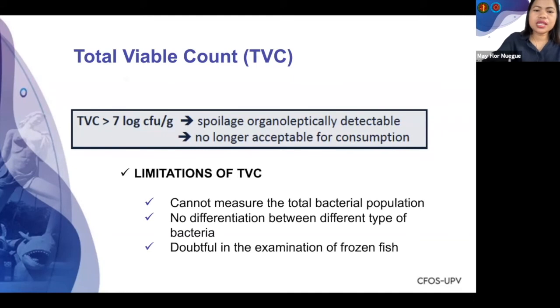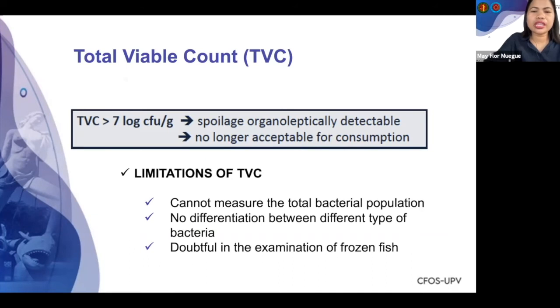So, TVC, kapag ang TVC mo or total viable count mo is greater than 7 times 10, or 7 log CFU per gram. So, ibig sabihin nun, 1.0 times 10 to the 7. Ayan.